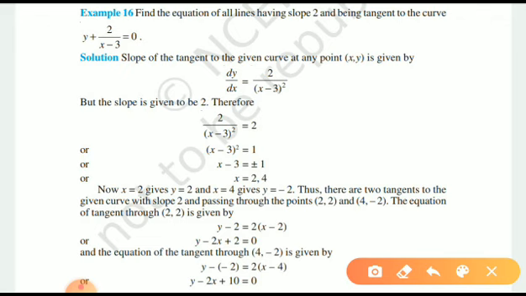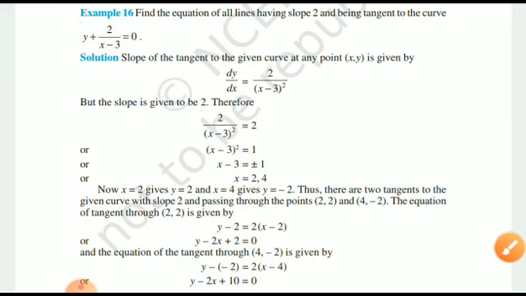Now what we have to find? Find the equation of all lines having slope 2 and being tangent to the curve y + 2/(x - 3) = 0. This we have to find. That means I have to find the equation of the tangent. Now the equation of the tangent through the point (2, 2) will be given by y - y₀ = f'(x₀)(x - x₀). Here x₀ is 2, y₀ is also 2.